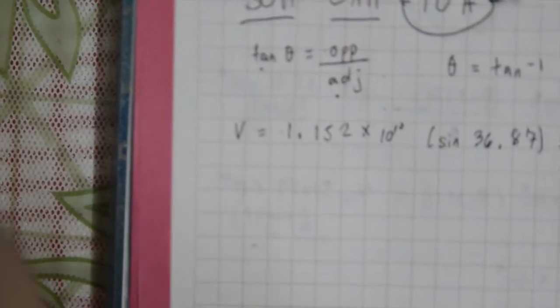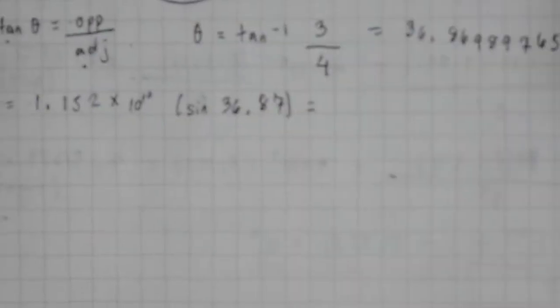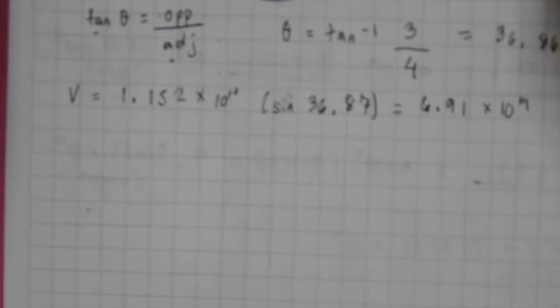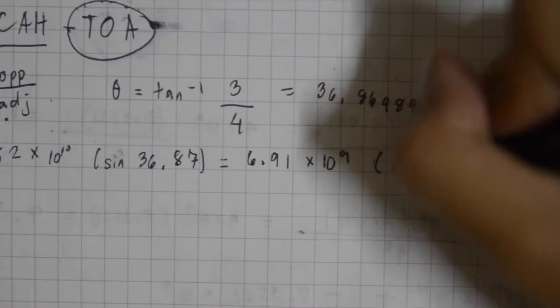The answer to that will be 6.91 times 10 to the 9th. And going back to this one, it says upright. So since this is vertical, this means this will be going up.